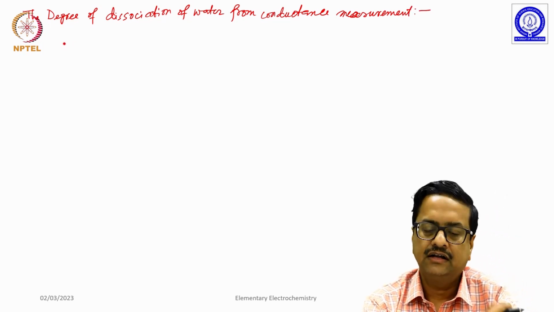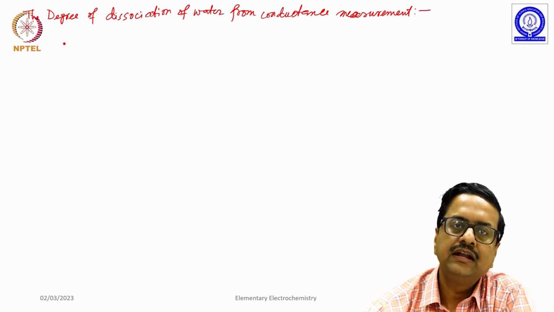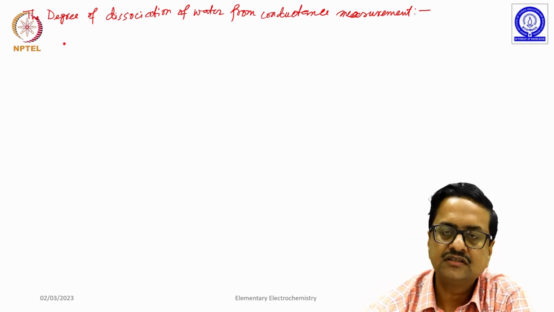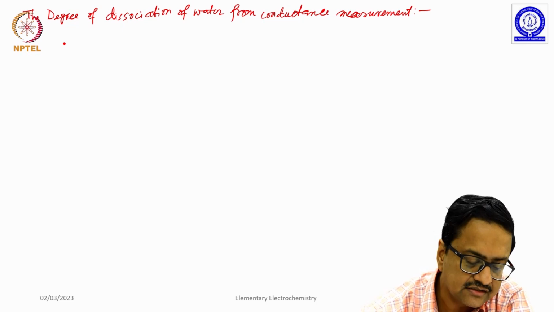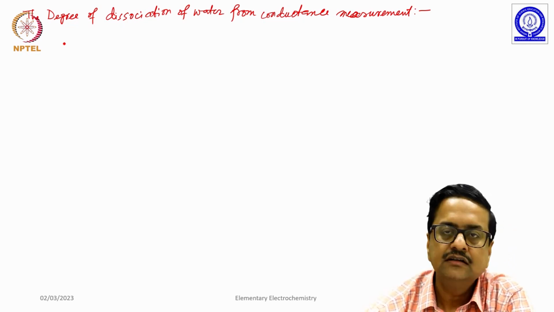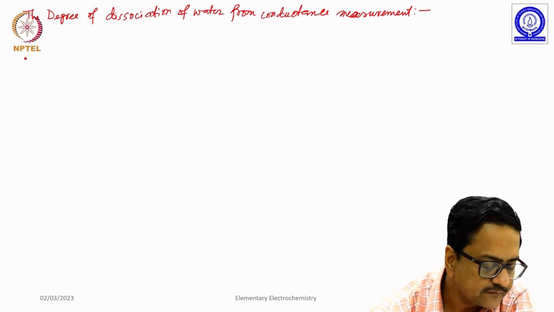See, for conductance measurement, we need to get very high quality water, which essentially should not be dissociated and should not be conducting electricity, but that is practically impossible.